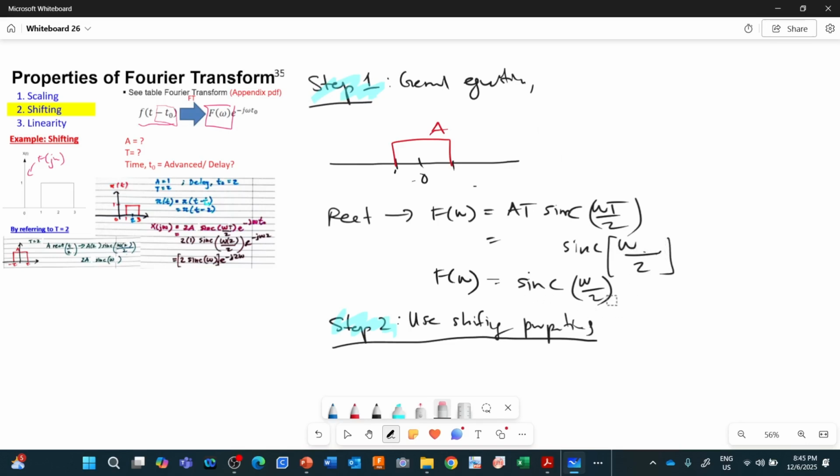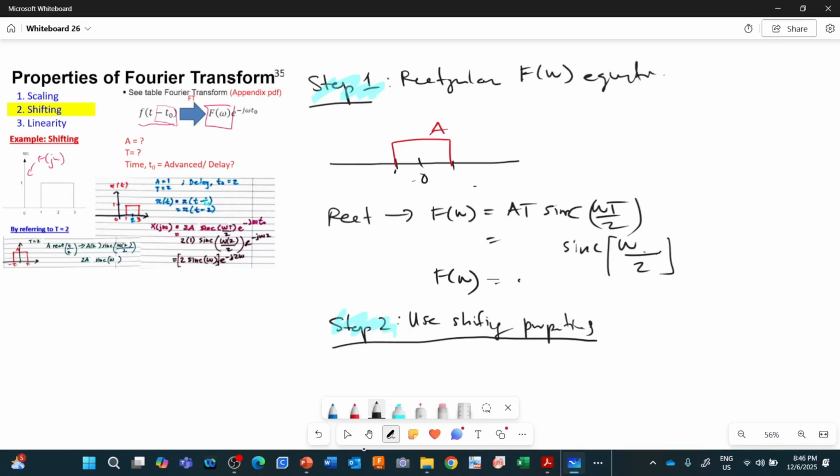Okay, so erase this. Based on this, we are not going to use the general equation because then we need to have 3 steps. We are directly using the rectangular Fourier transform equation.